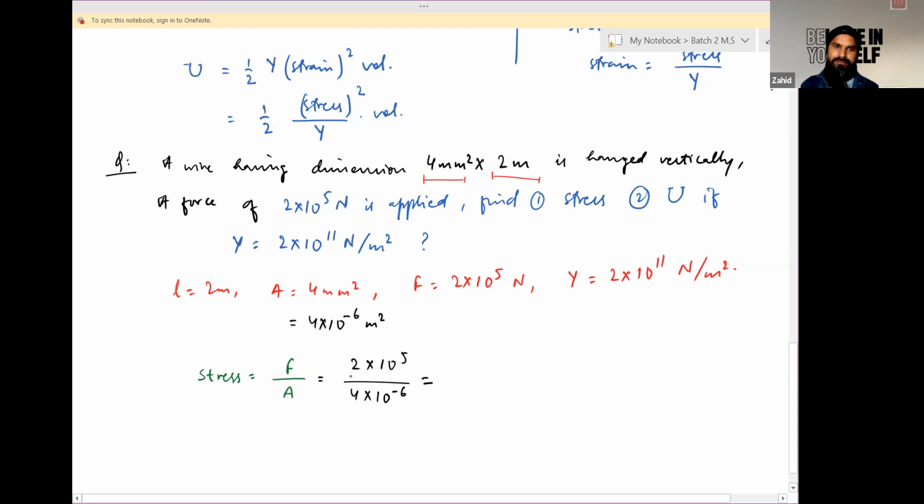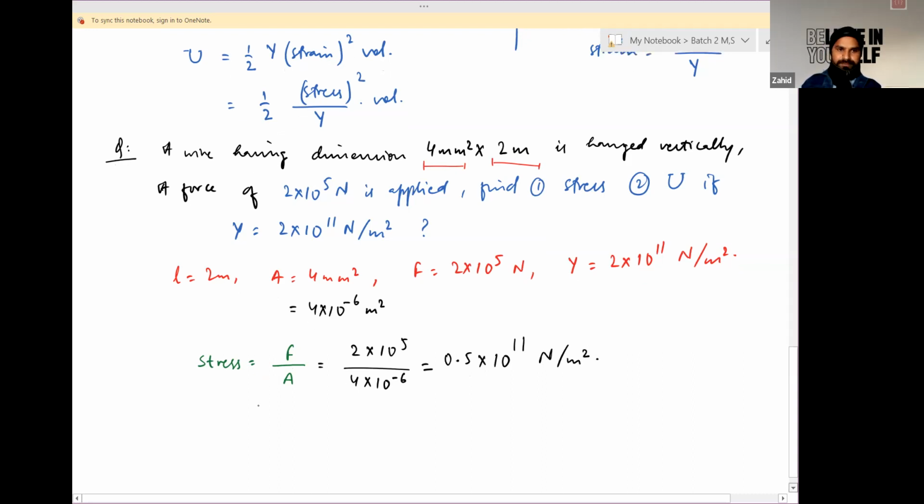So it will be 2 divided by 4, 0.5, into 10 to the power... Here we have in the denominator 10 to the power minus 6. On moving to the numerator, it will become plus 6. And we already have 10 to the power plus 5 in the numerator. So on combining, it will become 10 to the power 11. So this will be the amount of stress applied on that wire.